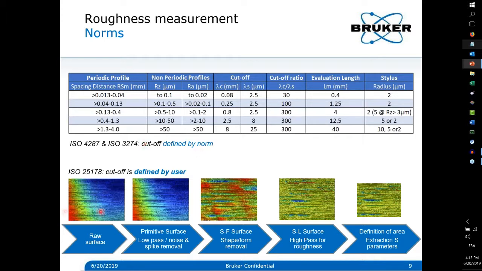However, with the areal roughness parameters from ISO 25178, the cutoff is defined by the user. So it brings a large freedom that helps us really to define exactly the component of the surface we're interested in. So you can go from the raw surface, and then you get this surface after shape and form removal, and from there the norms allow you to extract whatever component you want.